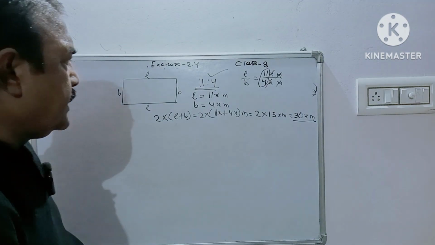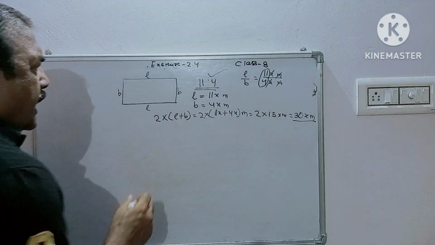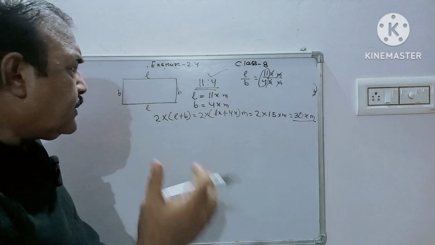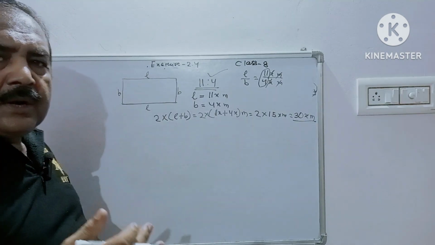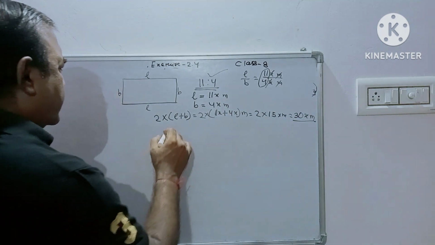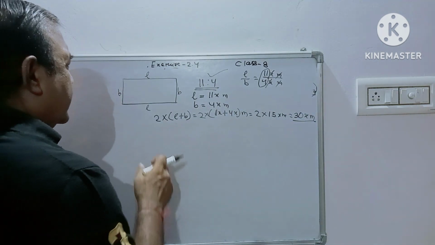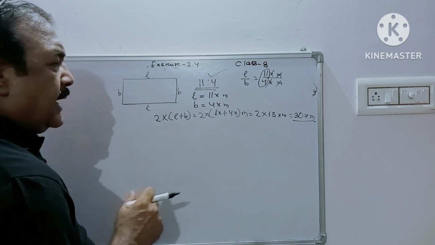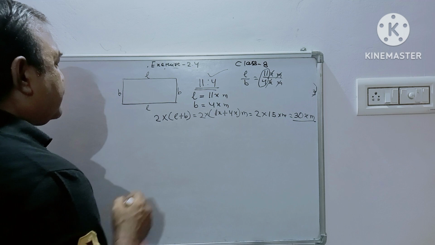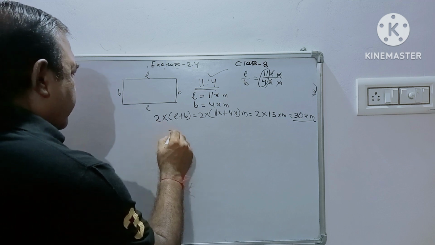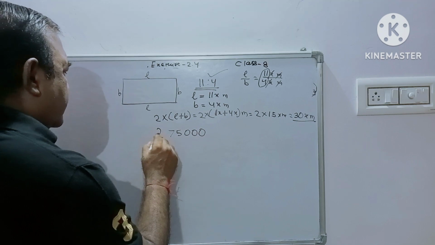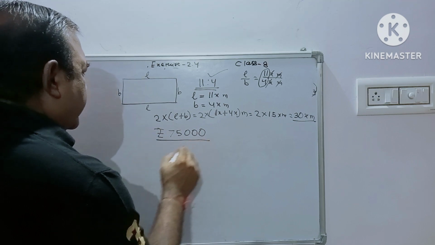So how many 100 rupees are there in 75,000 rupees? That means how many 100 rupees are added to itself to get 75,000 rupees. That is the required number of lengths in meters we can know. You see, 75,000 rupees divided by 100 rupees.